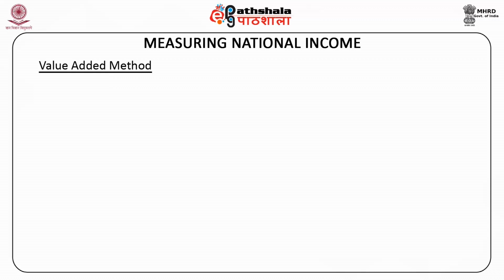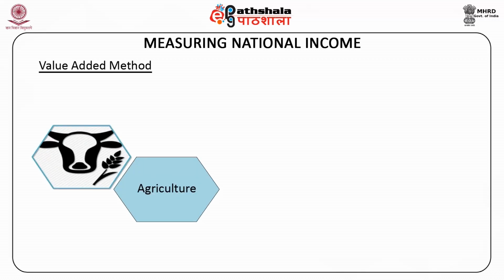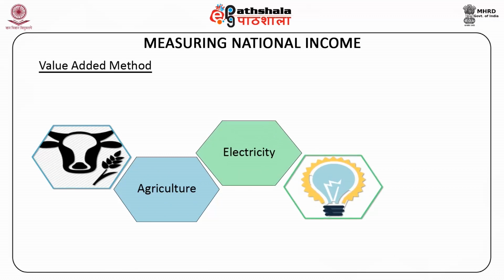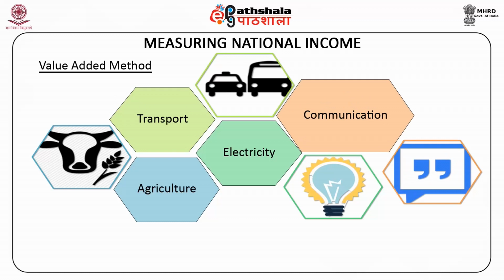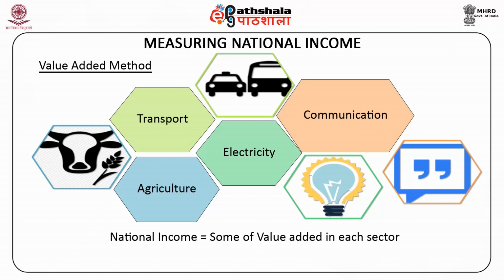We know that every economy is classified into a few broad sectors like agriculture and allied activities, manufacturing, electricity, gas, water supply, construction, and services like trade, hotels, transport and communication, insurance, and other business services. The value added in each sector is summed to arrive at the GDP figures.